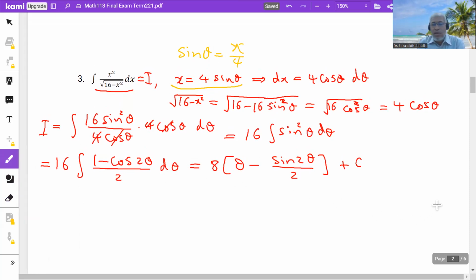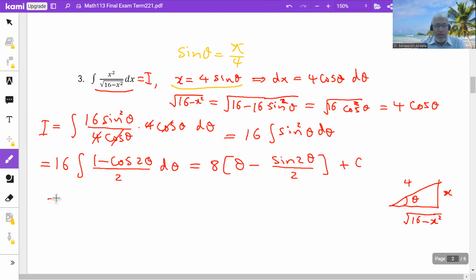And then I can draw a triangle for the angle theta. I know sine theta. Sine theta is the opposite over the hypotenuse. And then I can find this side from the Pythagorean theorem. The hypotenuse is the largest, and this side has length the square root of 16 minus x squared. And always this root should be the root in the question, if everything is going fine with you.